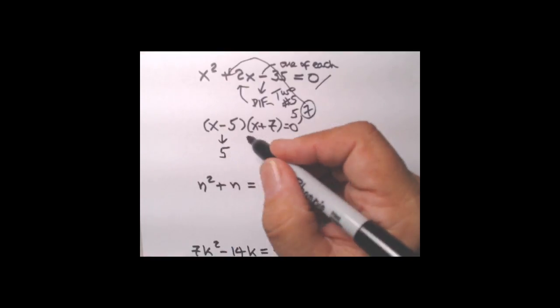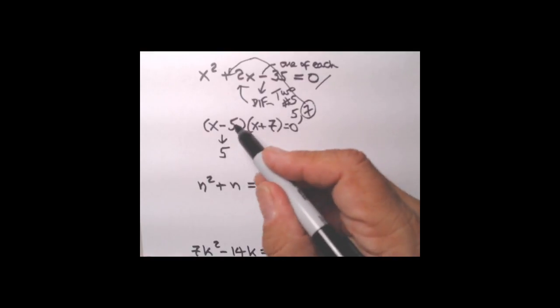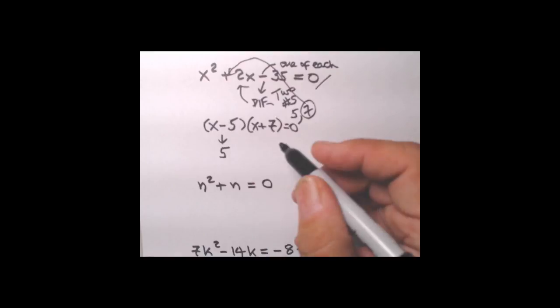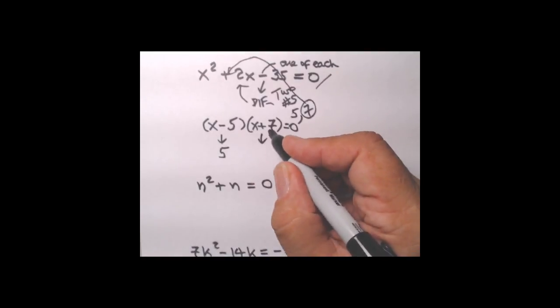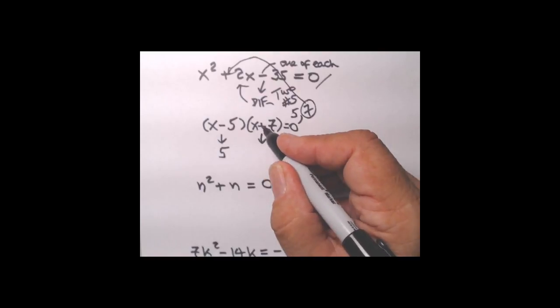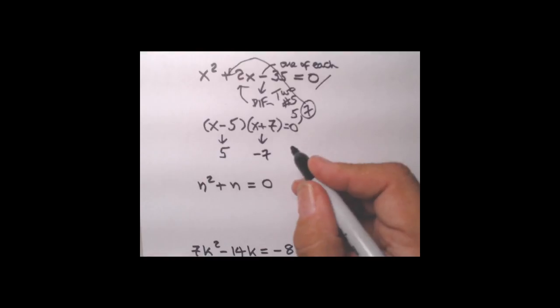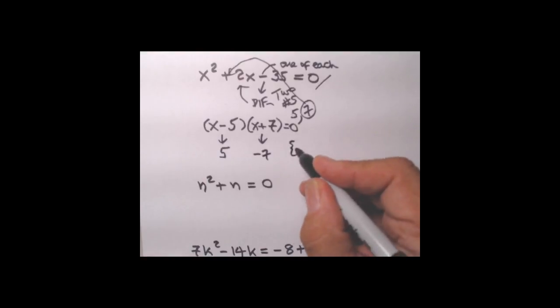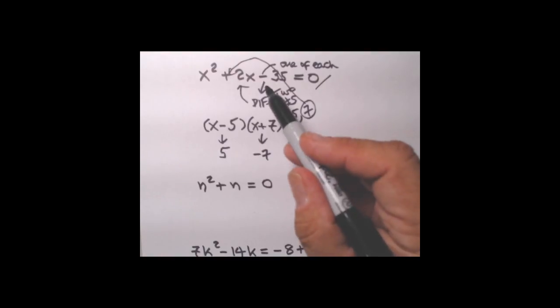These simple ones like this, you learn real quick that the root is just the opposite sign of the plain number here. So likewise over here, what root will we get from this? What will make this 0? Well, since this is plus 7, minus 7. So there are our two answers. You could plug those in just like we did the last problem, and they would both work. Negative 7 and 5 are the answers to this quadratic equation.